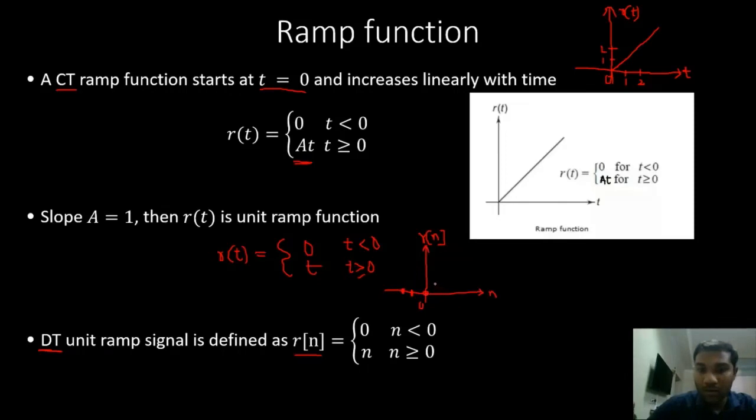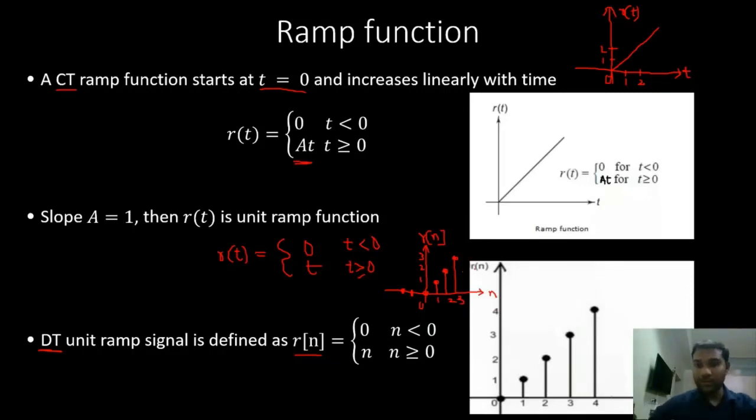For 1, the value is 1. For 2, the value is 2. For 3, the value is 3, and so on. This is 1, this is 2, this is 3, and so on. It goes up to infinity. The same thing we can show here; it goes up to infinity.